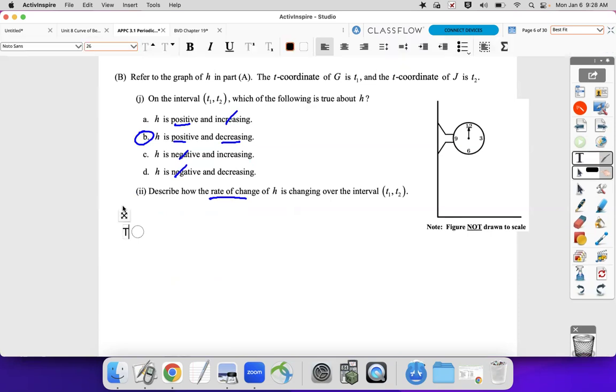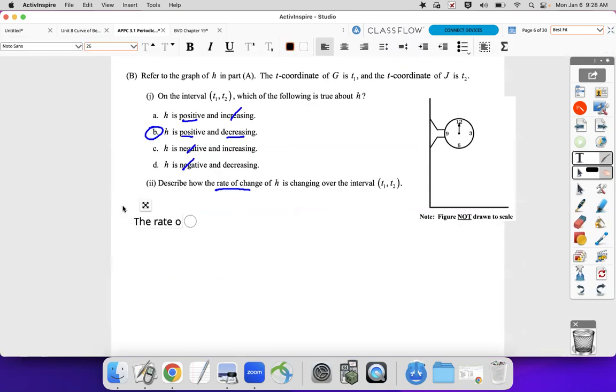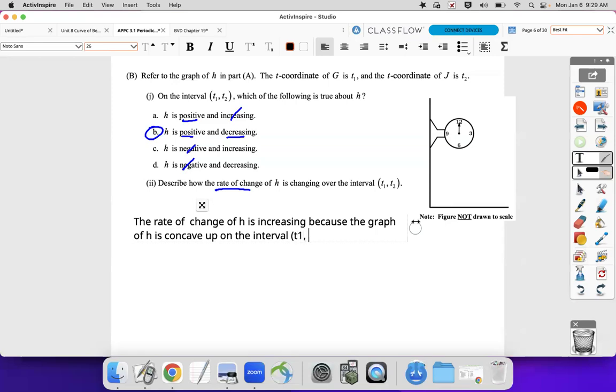So we are going to say the rate of change of H is increasing because the graph of H is concave up on the interval T1, T2.